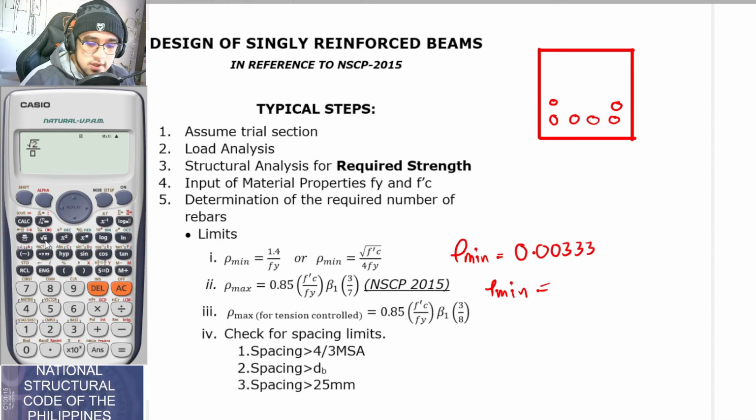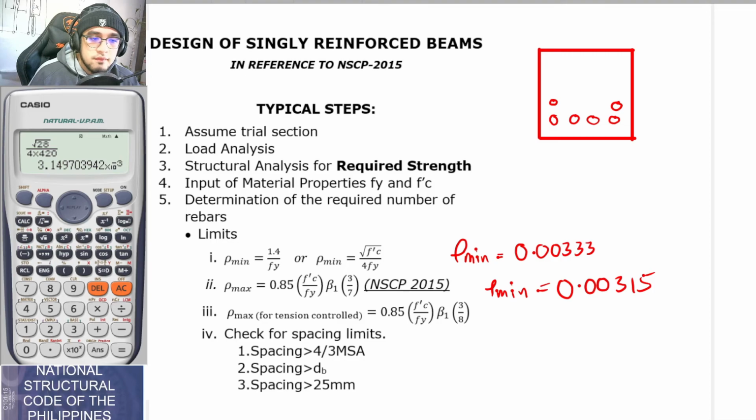So let's assume that our f prime c is to be 28 megapascal. So this is just an assumption, guys. So 28 divided by 4 times fy, so 420. So this is now to be equal to 0.00315. So as you can see that this is to be the greater value of the two. So thus, we will be making use of this. So ito yung gagamitin natin.